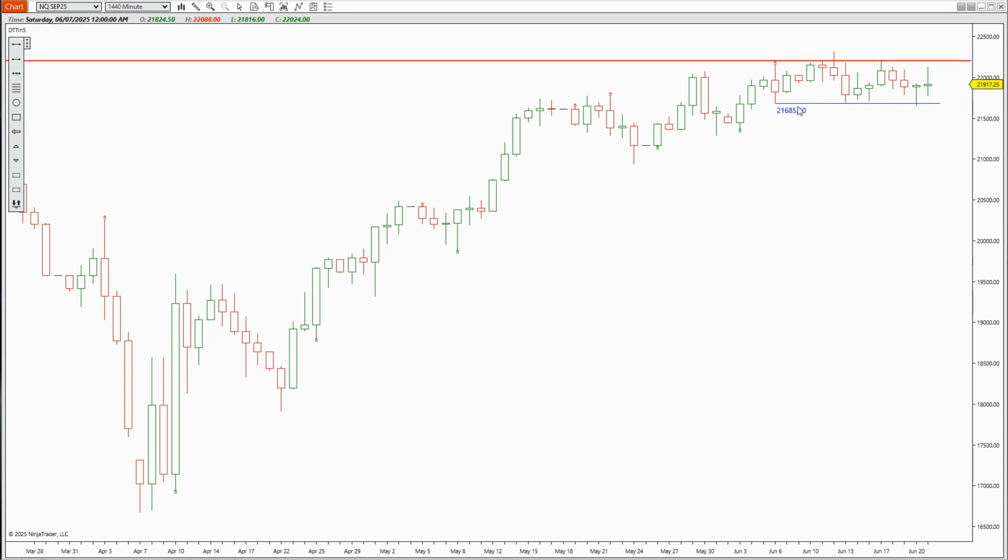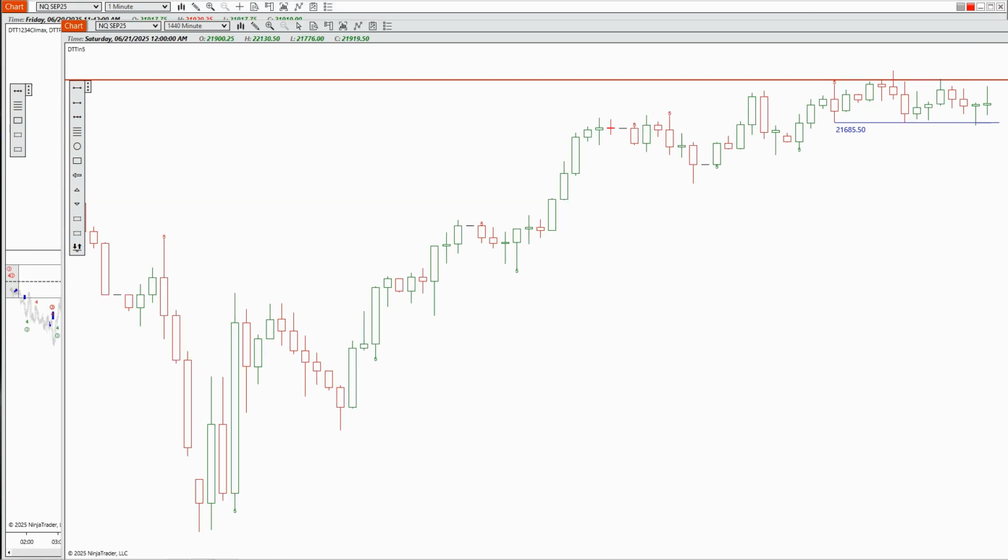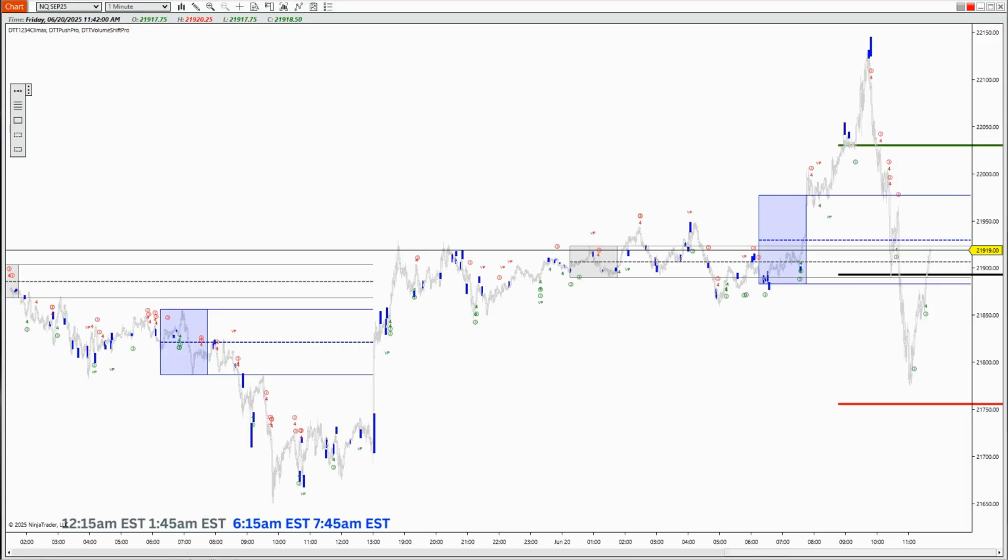So keep your eye out on that 21,685.50 moving forward. Just keep your eye out for that if they're not going to go up. Only if they're not going to go up. If not, don't worry about it. They should just continue on. And for those that I sent it to, there's a video that explains a lot more about this signal. Just want to tell you that. So that's important there.